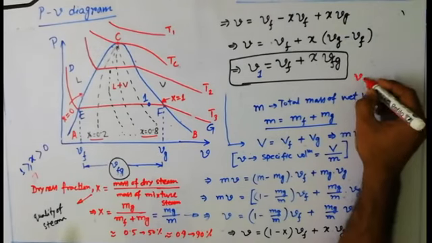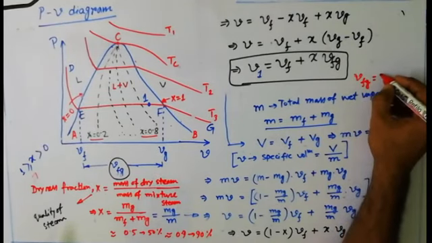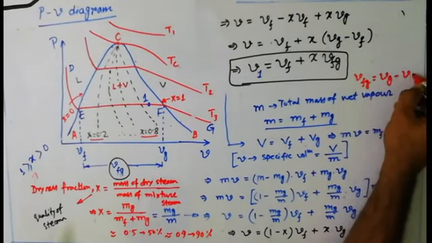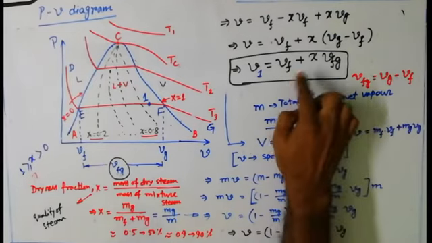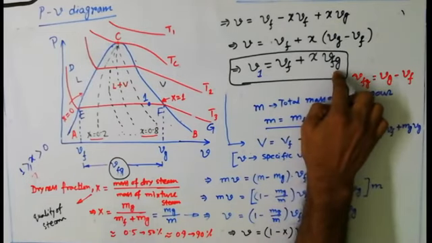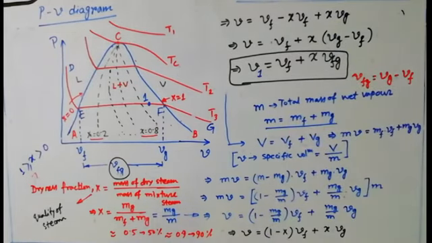You can write down that Vfg is Vg minus Vf. They all are small v.